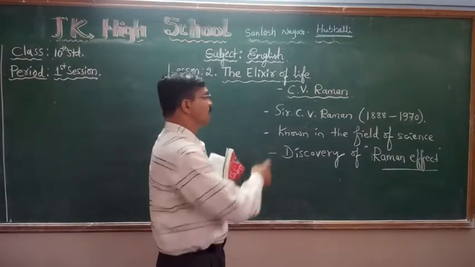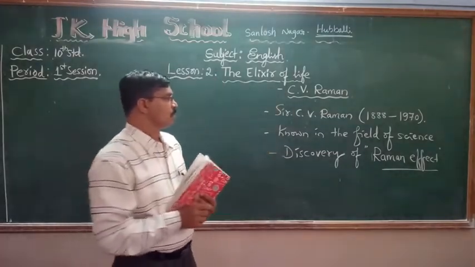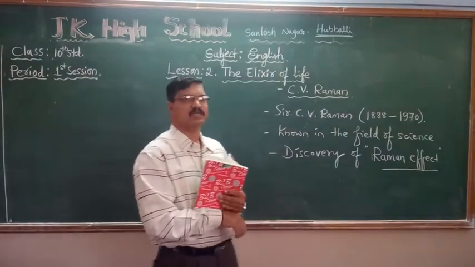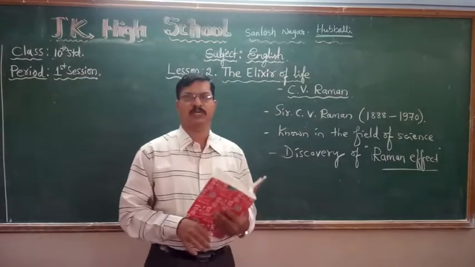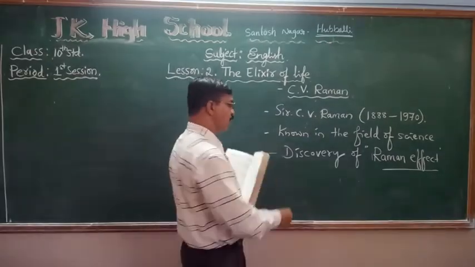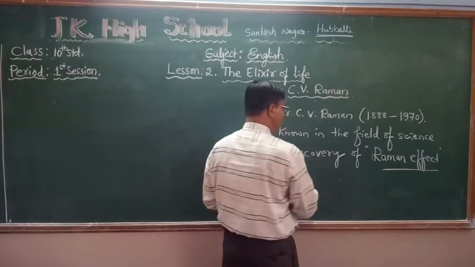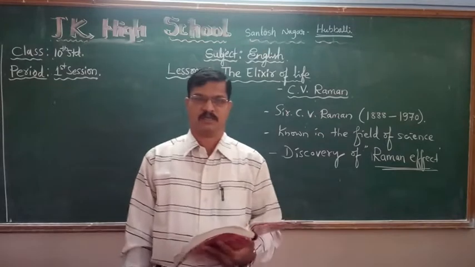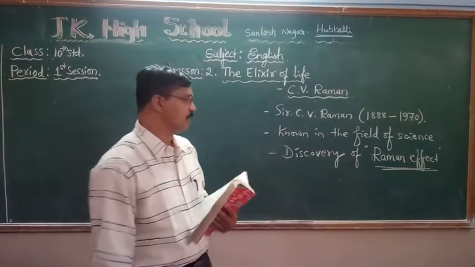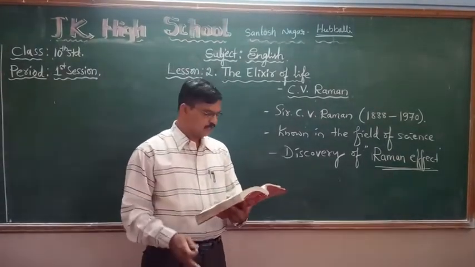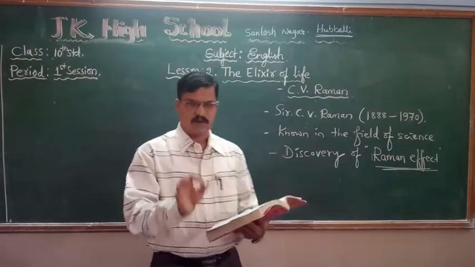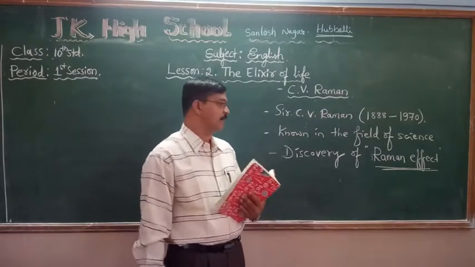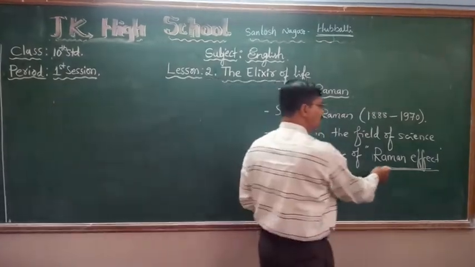Listen carefully. So C.V. Raman became very famous in the field of science, especially in physics, for his discovery of the Raman effect. Physics, you know, is a branch of science. In physics, he discovered a concept regarding the nature of light rays, that is the Raman effect.